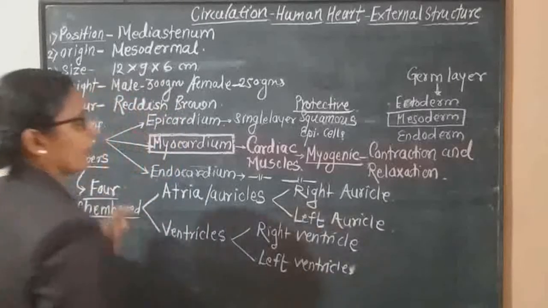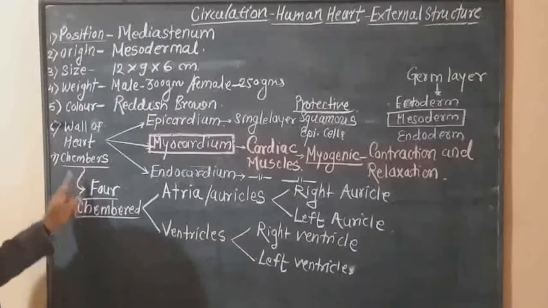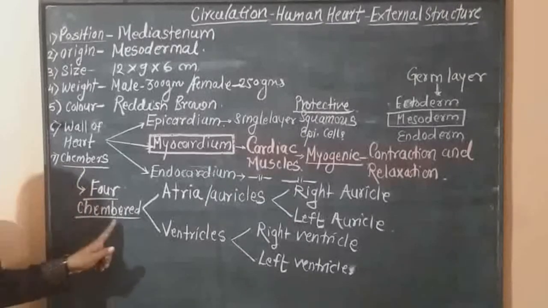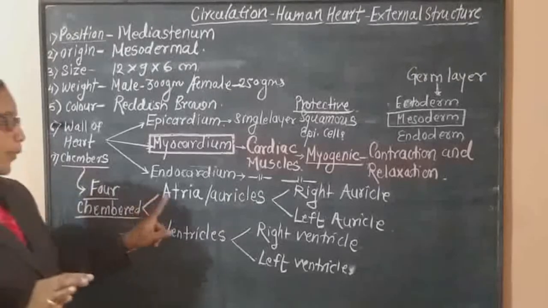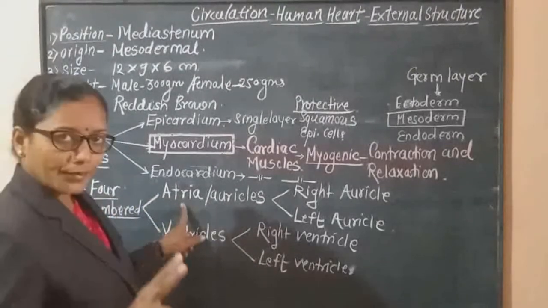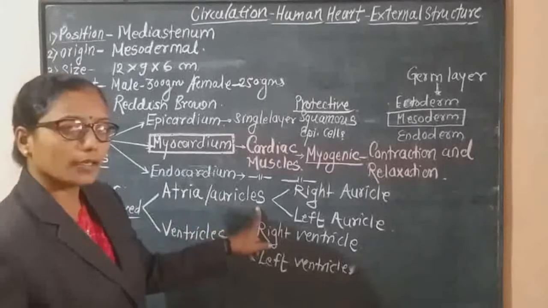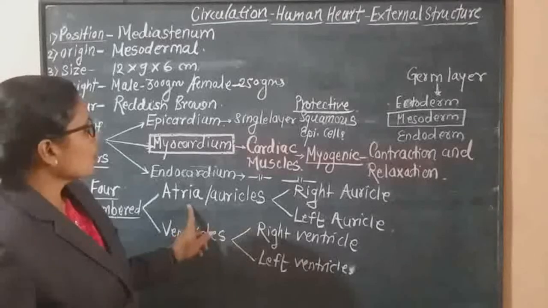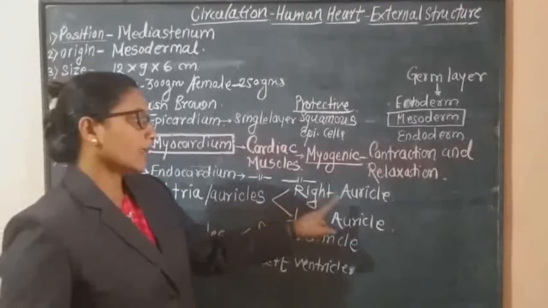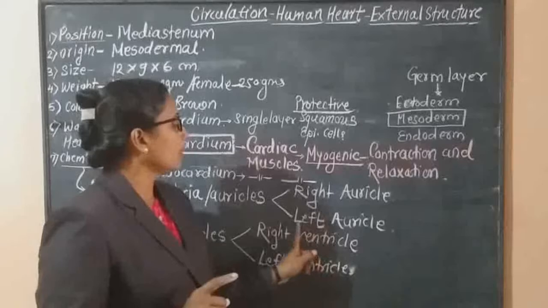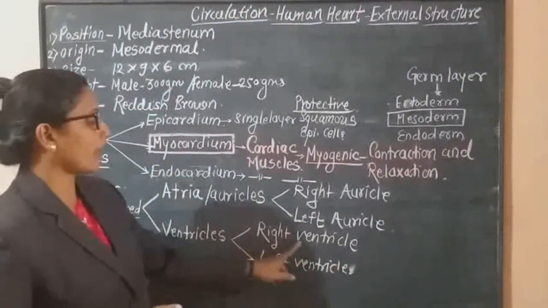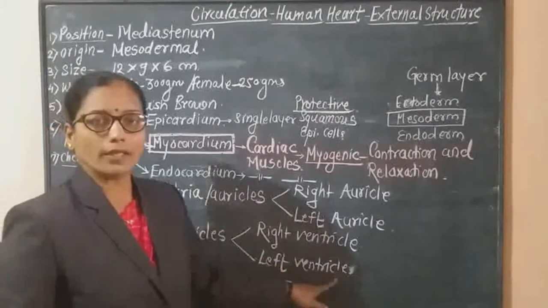So the human heart consists of 4 chambers, of which 2 are atria, also called auricles, and 2 are ventricles. The atria are the right auricle on the right side and the left auricle on the left side. In the case of ventricles, there are the right ventricle and the left ventricle.